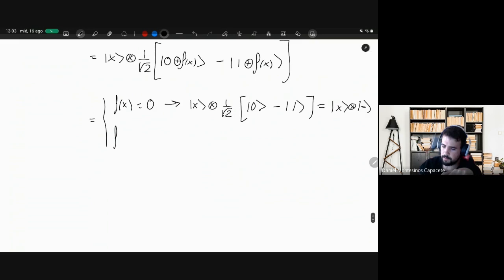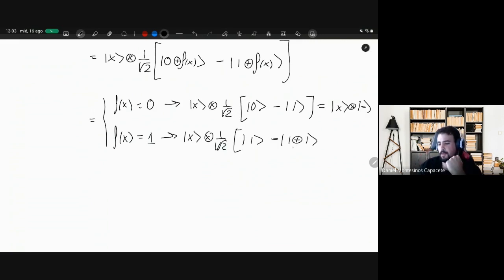But if this is 1, you will get in this case 0 times 1, and this is just 1, and you will have 1 times 0 plus 1, and this will be 0.